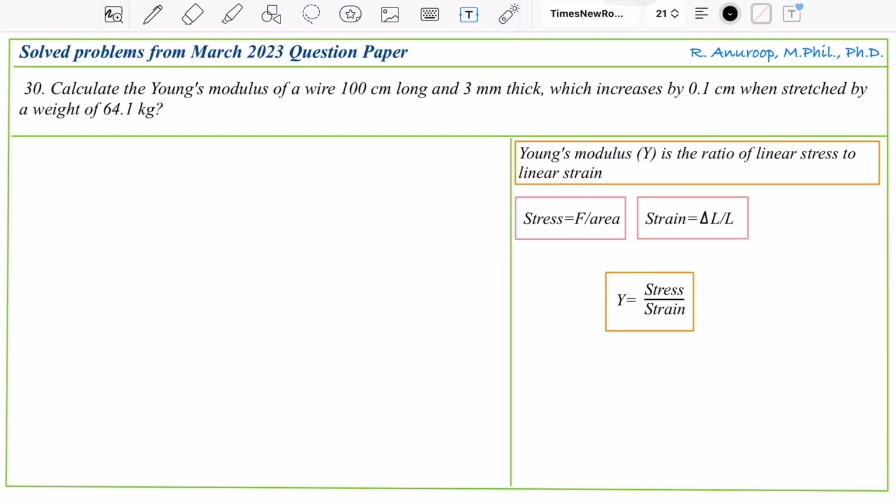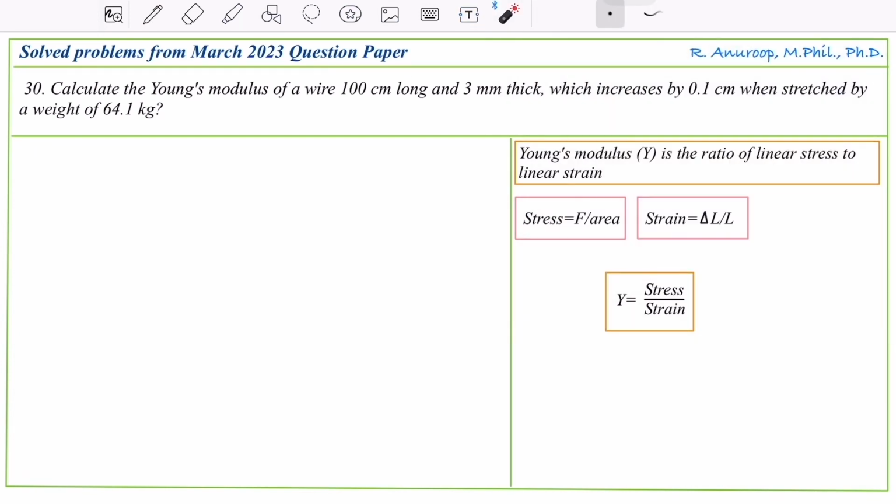In the present problem, we have to find out the Young's modulus of a wire. The length of the wire and the diameter of the wire is given. Here, the wire is stretched by a weight of 64.1 kilogram. The extension in the wire is 0.1 centimeter.